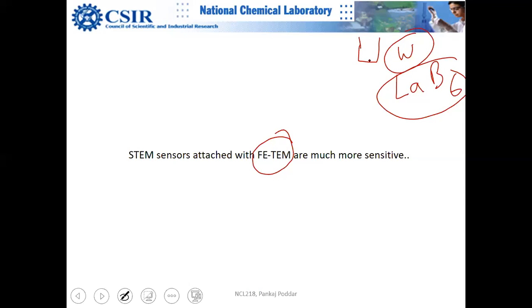So either you heat it and then electrons start coming out. That's the old-fashioned way. These are called thermionic emission, right?